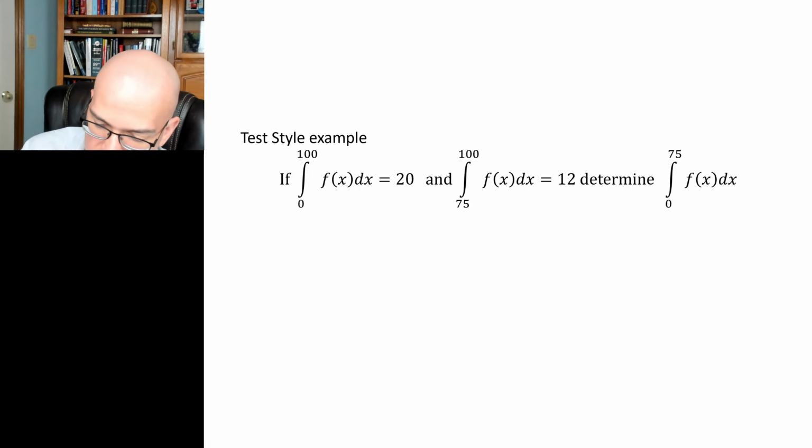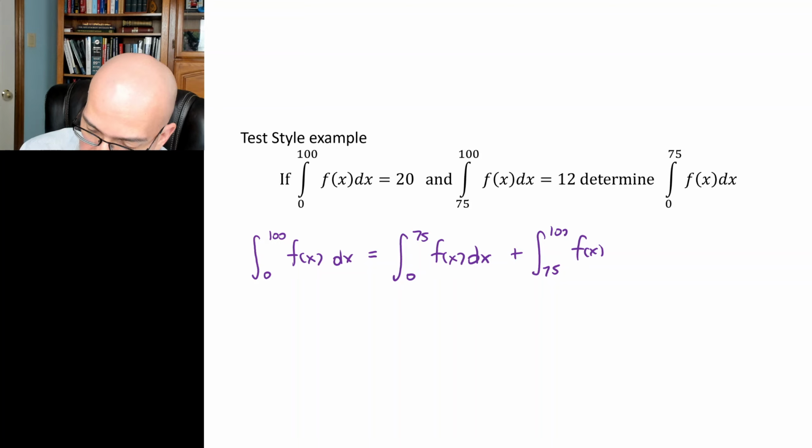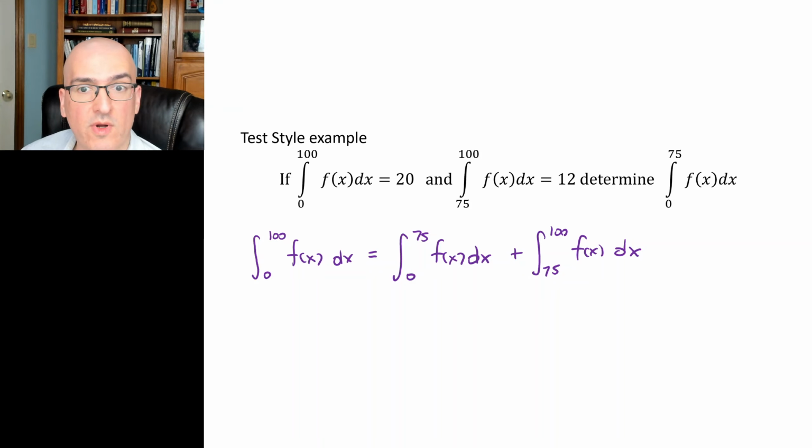So the way I'm going to solve this is I'm going to write down that the integral from 0 to 100 of f of x dx is equal to the integral from 0 to 75 of f of x dx plus the integral from 75 to 100 of f of x dx. And then I'm going to put down what our knowns are. We're told that this first one is 20. The second one is unknown.